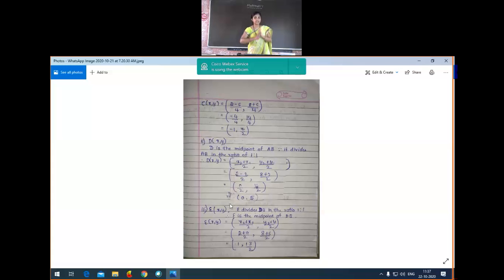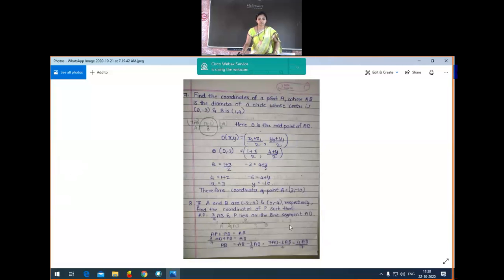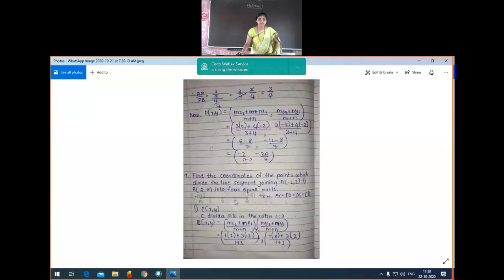Now we already got the C point and the D point coordinates. Now which one do we have to take? E point we have to take. E is the midpoint of D and B. Now we got the D point. Let us come back to the figure part. Now we know D and B. We can take the E point as a midpoint.